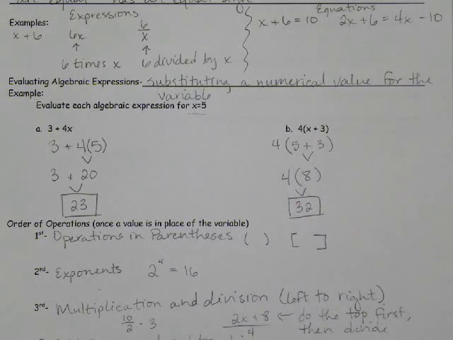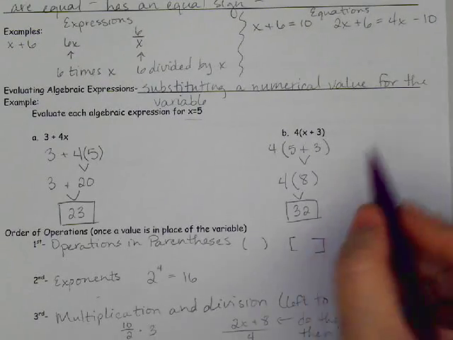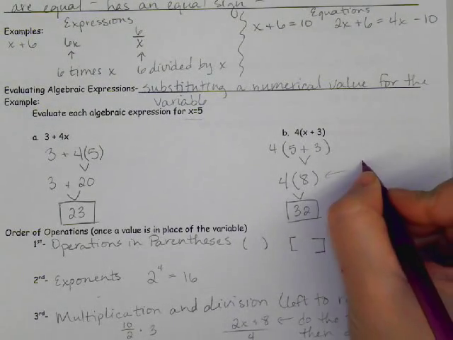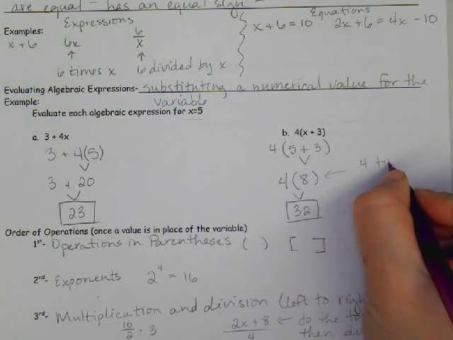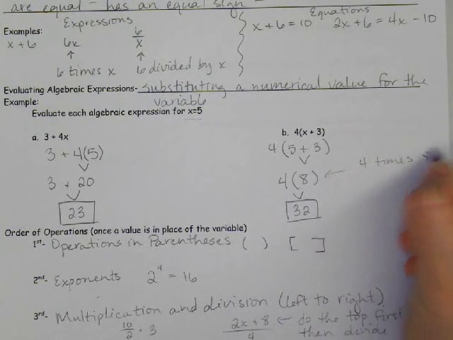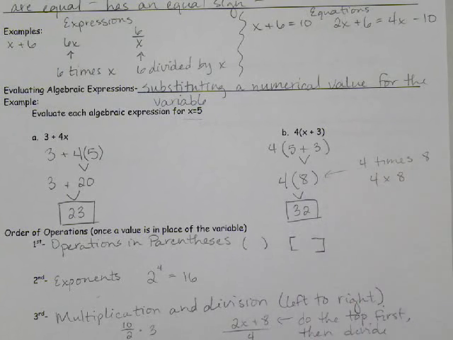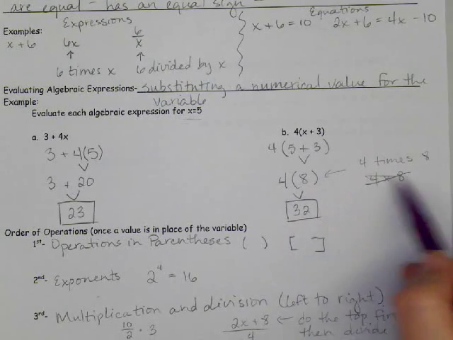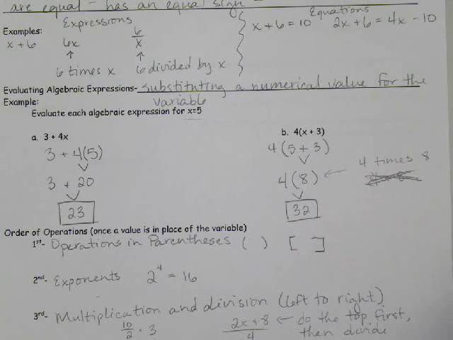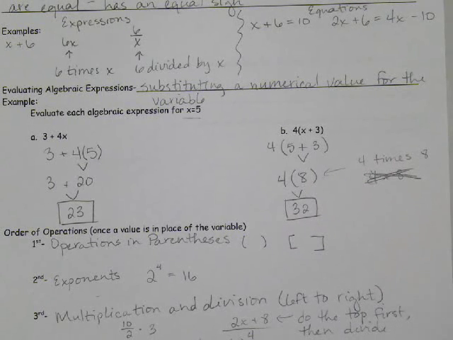Something I want you to start to move away from, this is the same as 4 times 8, 4 multiplied by 8. I don't want you to write 4 × 8. The reason for that is that it looks like 4x8, and you don't want to confuse the times symbol with an x.